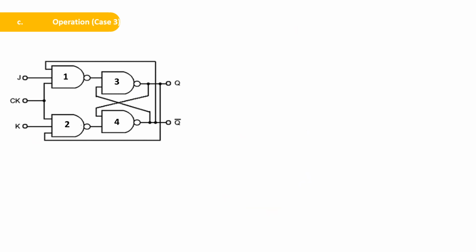Now the next state is J is equal to 1 and K is equal to 0. Now when J is equal to 1, K is equal to 0, this is Q bar and this is Q. So if you take NAND gate 1, the inputs are 1, 1 and Q bar.